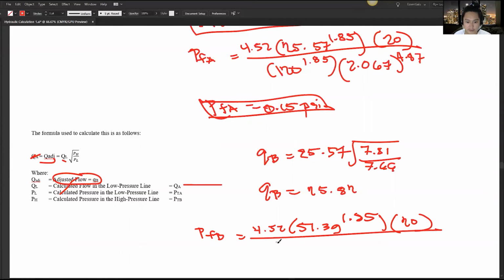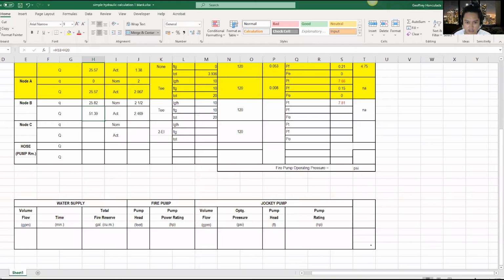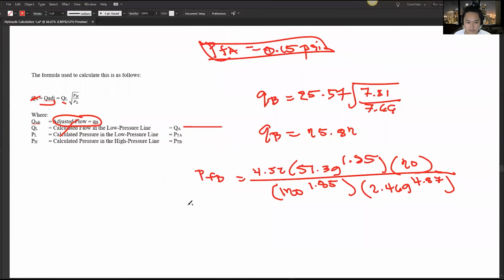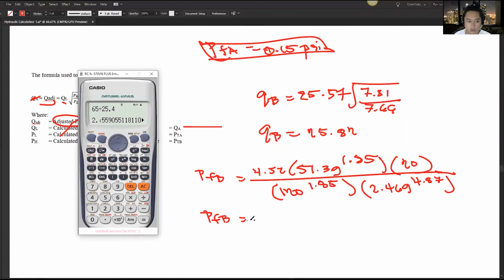All over the C value of 120 raised to the power of 1.85 times this is the actual diameter, which is 2.469, 2.469 raised to the power of 4.87. So we've got now a value of our PFP is equal to 4.52 times 2.469.